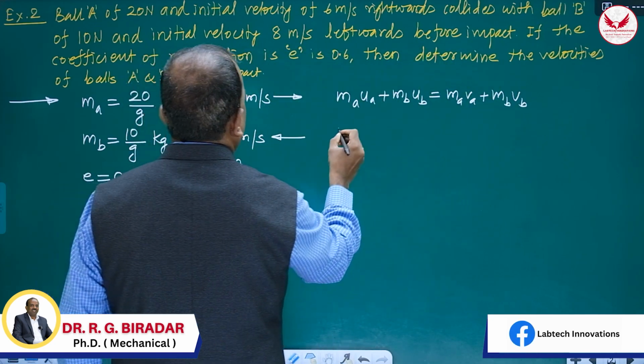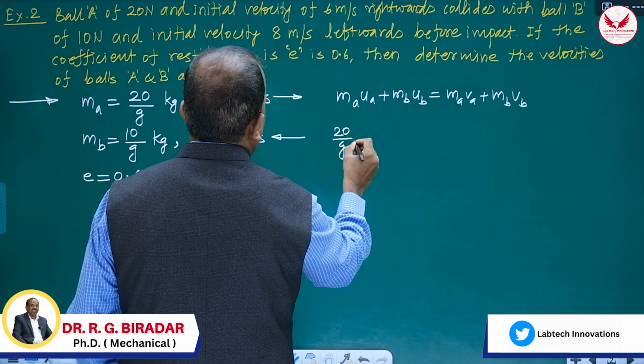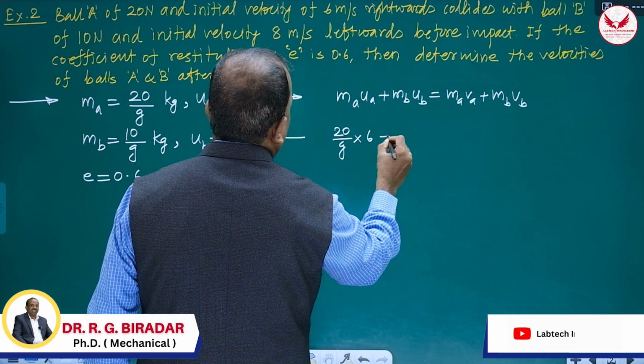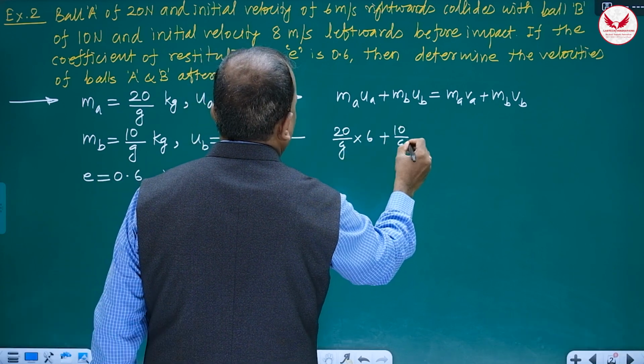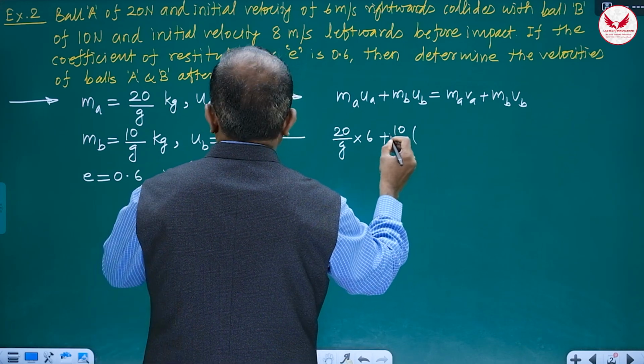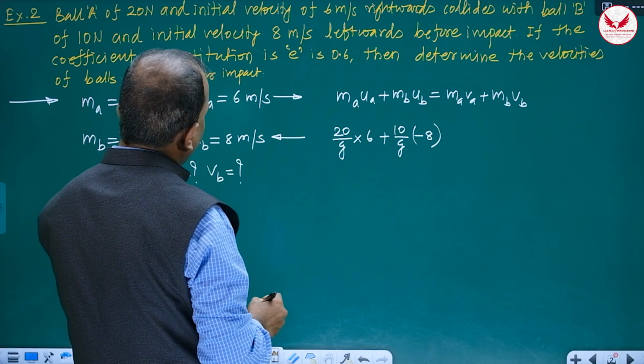Now MA is what? 20 by G into UA, 6, plus MB, 10 by G, into UB, minus 8. Why minus? Because it is towards left.